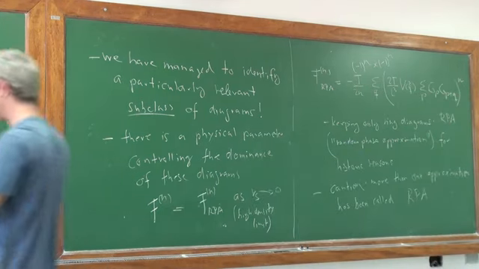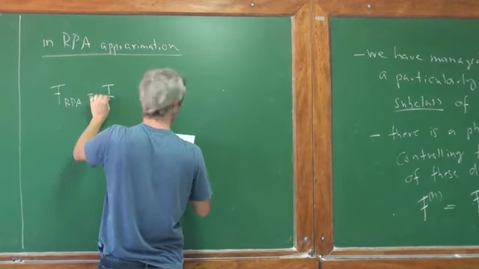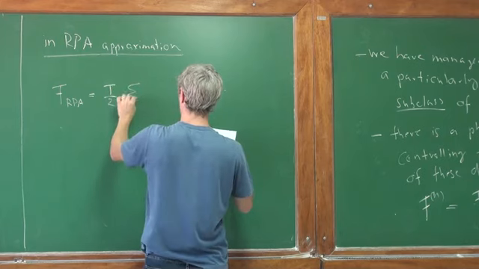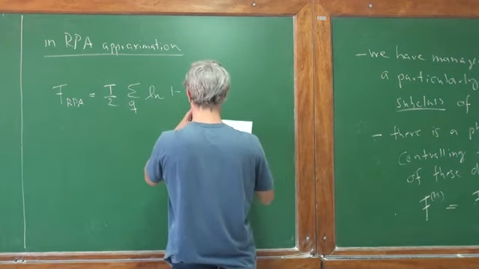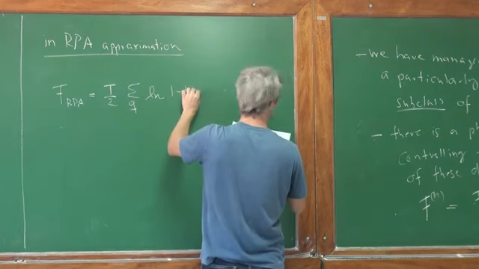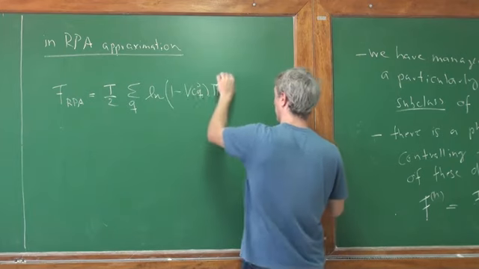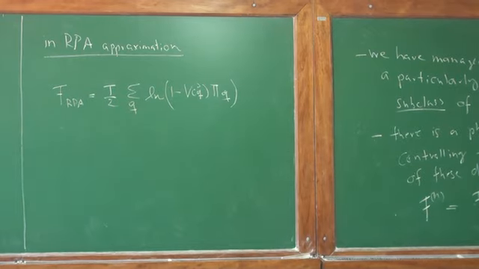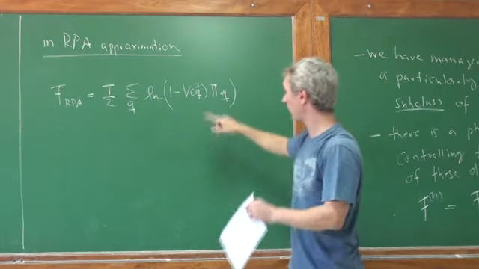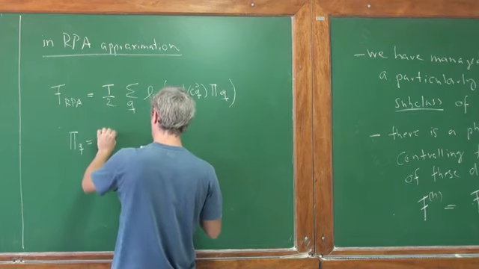So what you find in the RPA approximation is the free energy as T per half times the sum over q. The sum over n with the power n becomes a log, and here Π(q) is introduced as a short form to denote the polarization bubble.